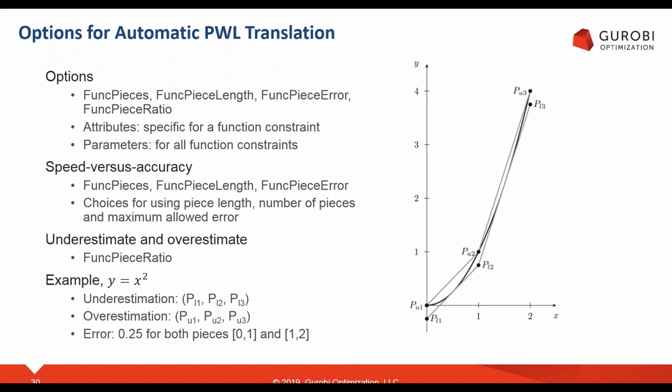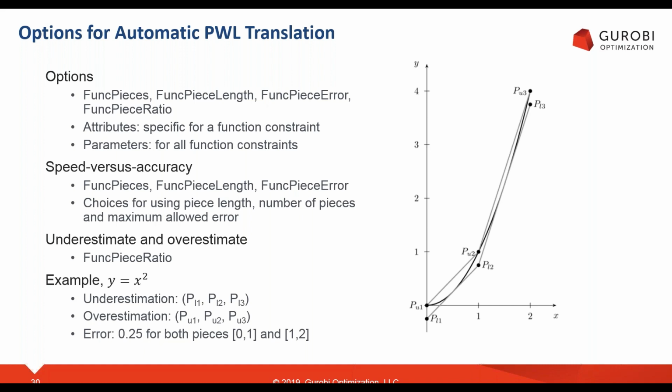So take this example on the right-hand side where we have y is equal to x squared. If you select that you want to have an underestimation, then you would get the supporting points PL1, PL2, and PL3. So as you can see in the picture, this piecewise linear function is always below the actual nonlinear function.